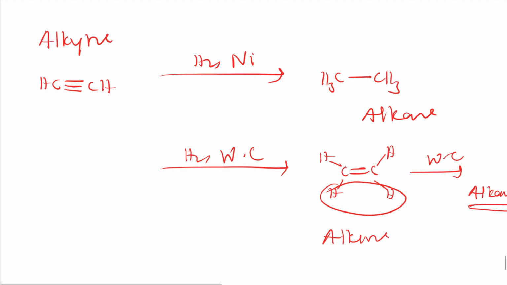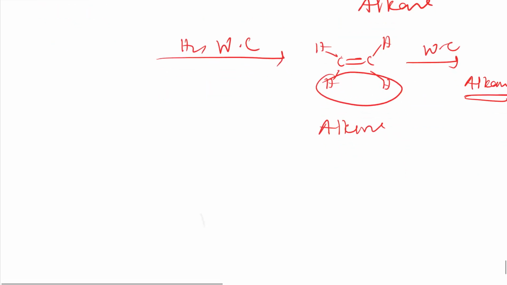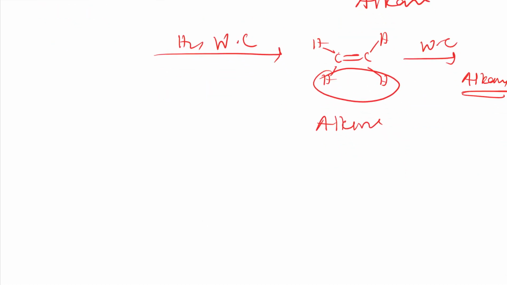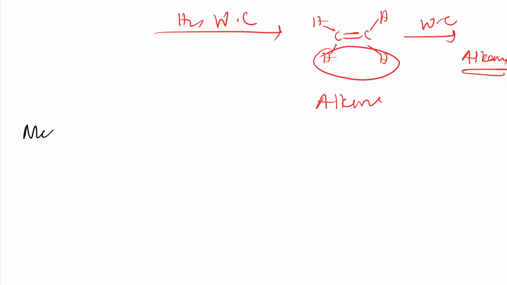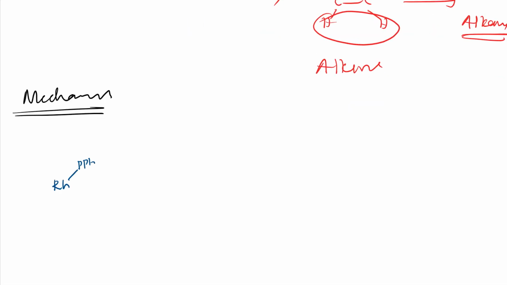Let us see why only syn addition happens. The reason I will give in the mechanism. If you see the mechanism, there you will get why only syn addition happens. It has some reason, right? So see, RhCl(PPh3)3: here chlorine, here PPh3, and here PPh3.